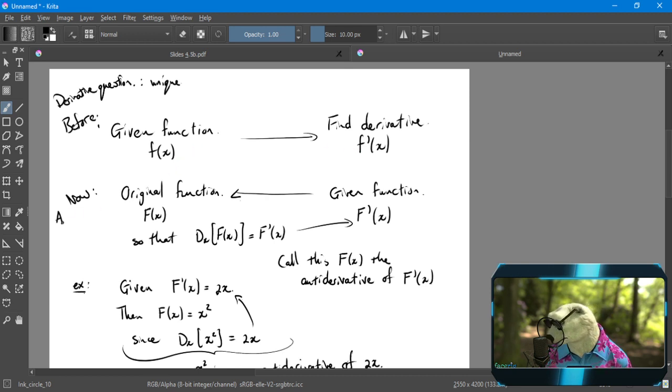The antiderivative question is not unique in that if I'm given the derivative as an answer, then it could have come from many, many different original functions. Now, it sounds like bad news, but these functions aren't actually different.